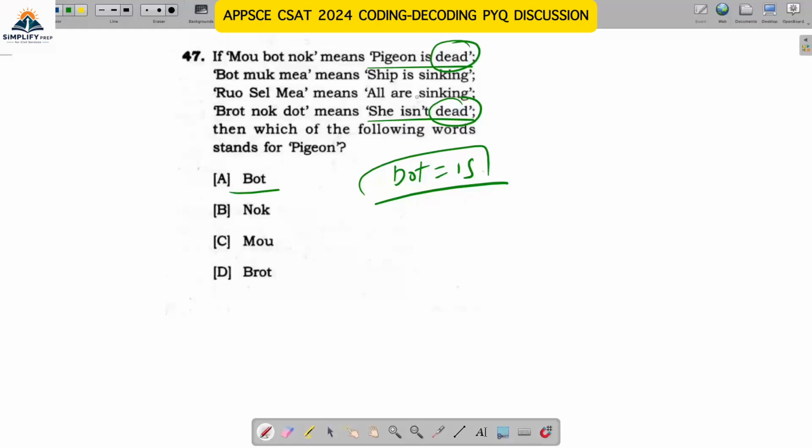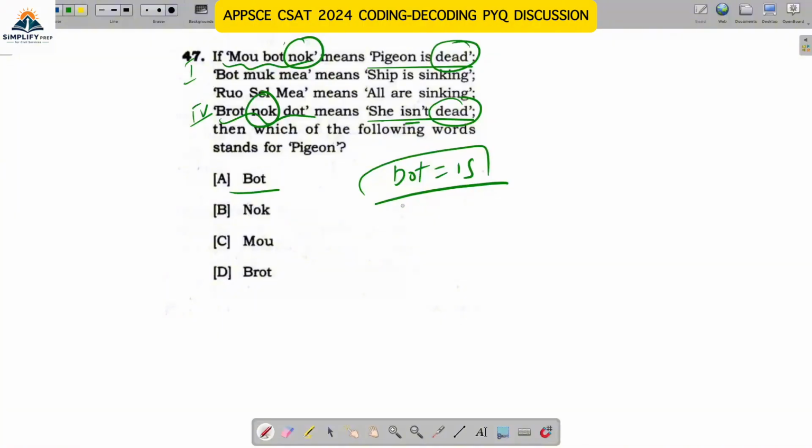Is तो नहीं common है because it is isn't and not is, and pigeon is also not common because it is she here. So it means in these two sentences, what is common is the dead. So we can see here that the word knock is common, है ना. Knock is common in the first and the fourth sentence that we are seeing.